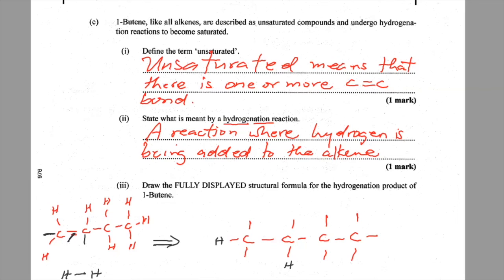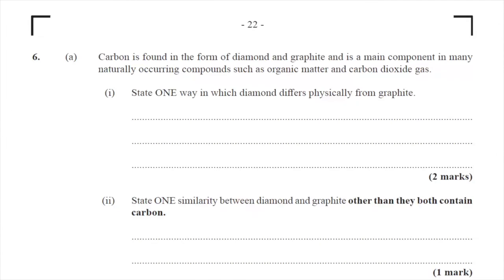And they're all identical, but I just wanted us to be able to spot where it actually was added. So this is the final product, and that would give us the full marks. And I'm just going to highlight it by putting it in a box. So that's it. Question 6, part A.